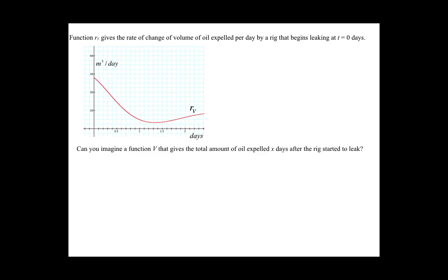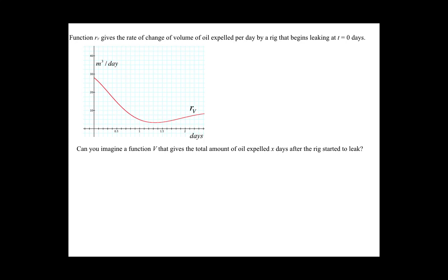So think about, and you have a graphing area to the right of this, if you want to sketch it there or if you just want to think about it. Think about if I were trying to track the total volume of oil that had spilled since it started leaking. So the total amount of oil spilled since it started leaking starts at, like the top graph on the previous page, starts at 0.